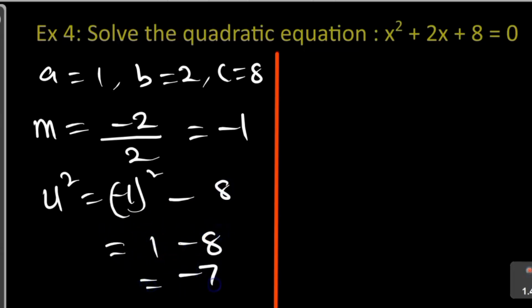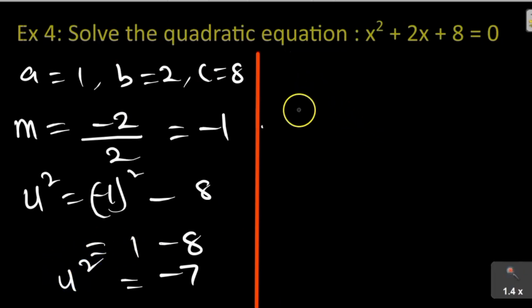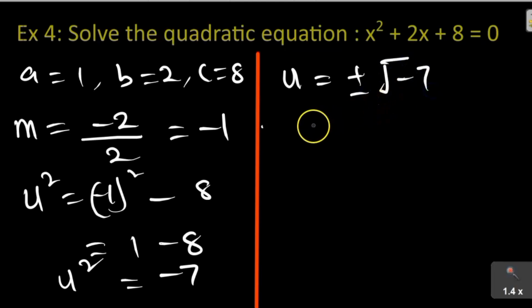So minus 7 is the value of U squared. So U is equal to plus or minus the square root of minus 7.